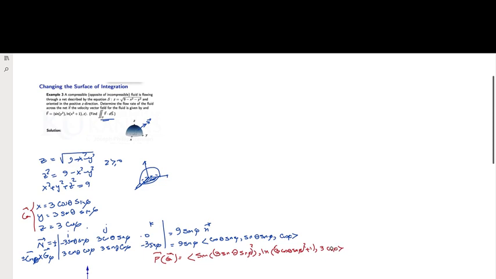Dot this, take the integral. This is way too messy. Is there any other way that I can do this? Dotting this, just writing it up, is very long.